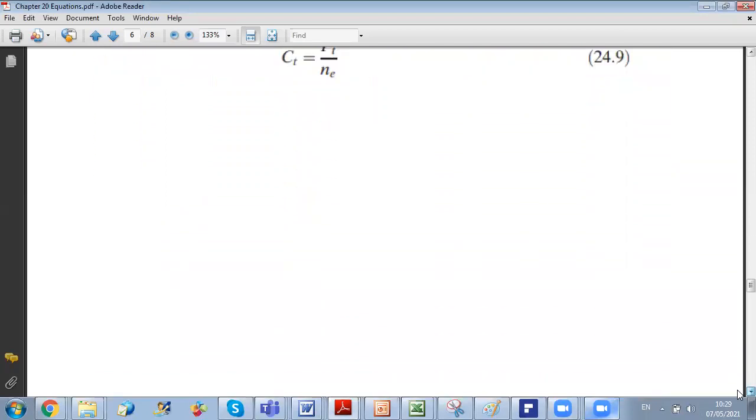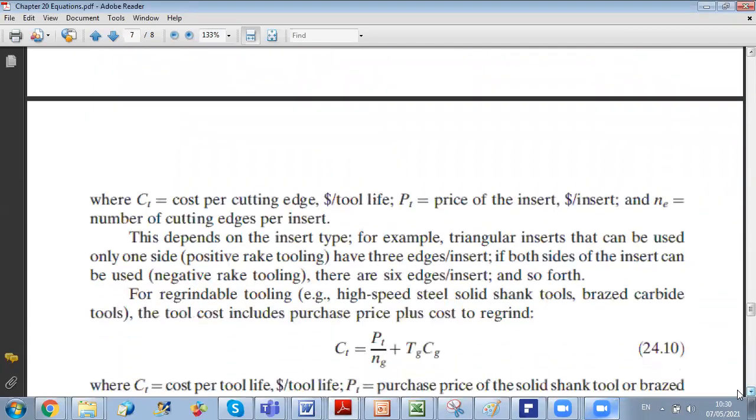And also, as we have seen in the course material, the insert type will affect the number we will divide by the total cost of the tool. Because, for example, if you have triangular inserts that can be used only on one side, which is the case of positive rake tooling, then you will have 3 edges per insert. While if both sides of the insert can be used, which is the case of negative rake tooling, then for this triangular insert, you will have 6 edges per insert.